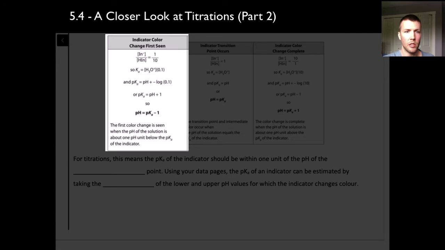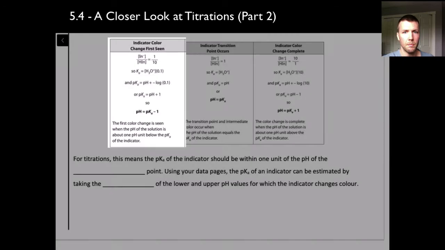Okay, and so if we use the Henderson-Hasselbalch equation, we can see that this corresponds to a pH that is one point below the pKa for the indicator. So at a pH 1 below the pKa for the indicator, the protonated color is going to be predominant.